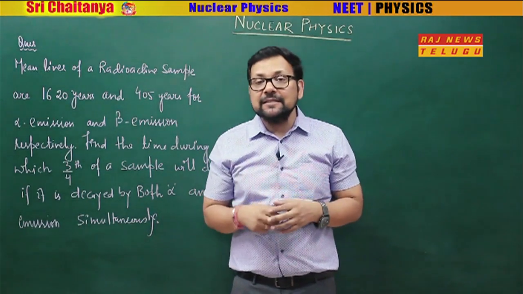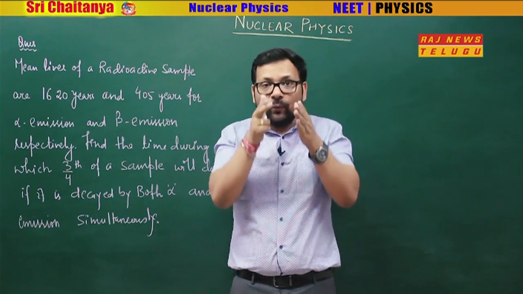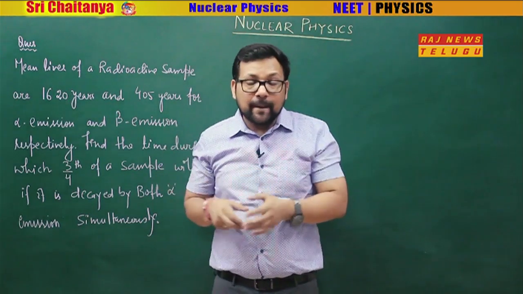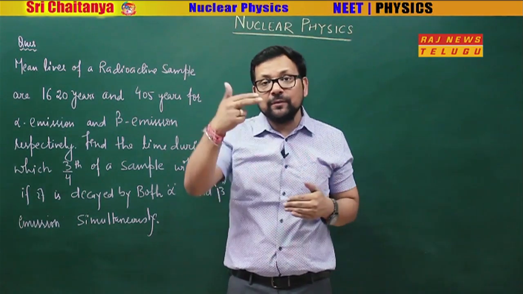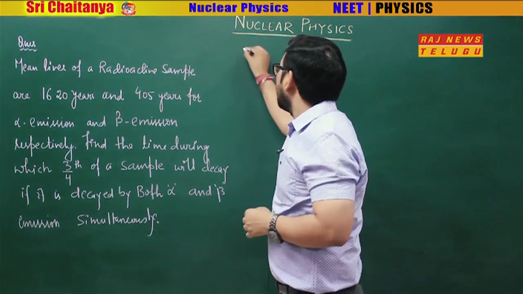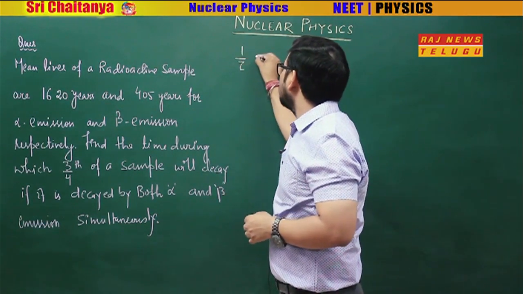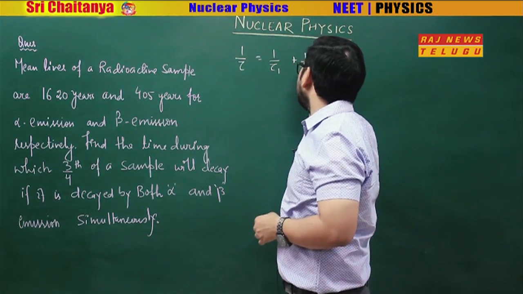In such cases, the equivalent lambda for that decay is lambda 1 plus lambda 2. Basically, mean life is related as 1 by tau is 1 by tau 1 plus 1 by tau 2.